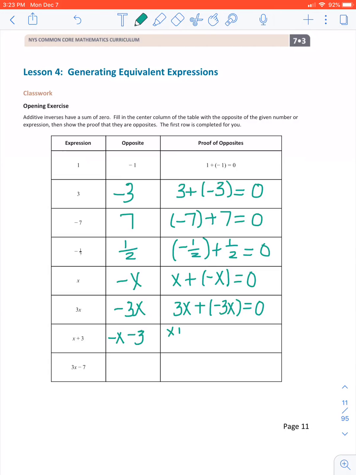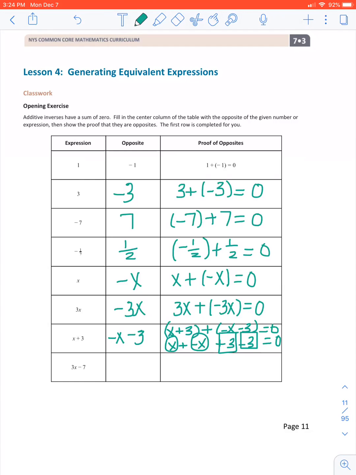If I take x plus 3 and I add negative x minus 3, I'm going to combine my like terms. So I take x and negative x together. Those are my circles. I take 3 and negative 3. Those are my squares. Now if I add x plus negative x, I get 0. If I add negative 3, positive 3, I still get 0. So that's where that comes from.